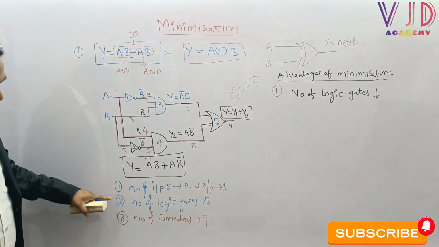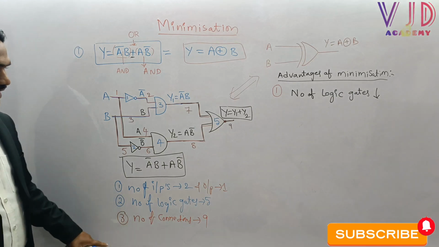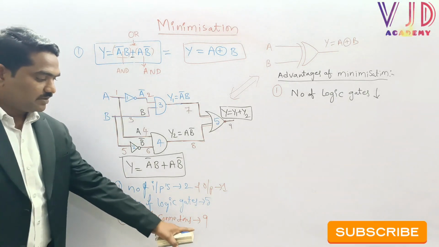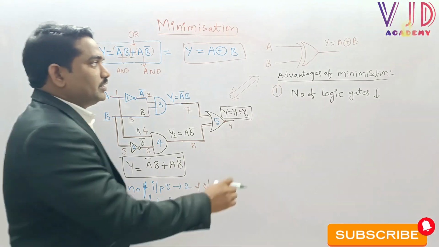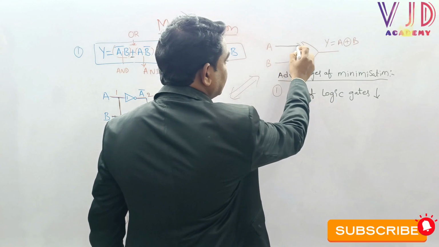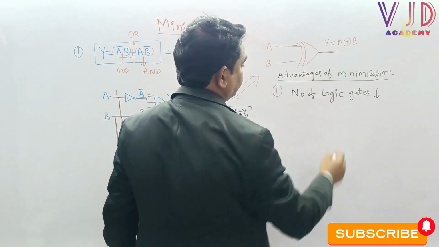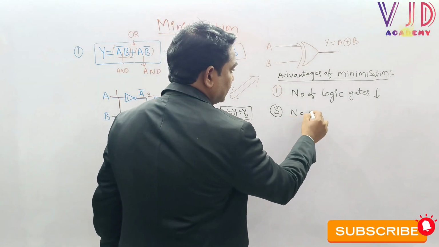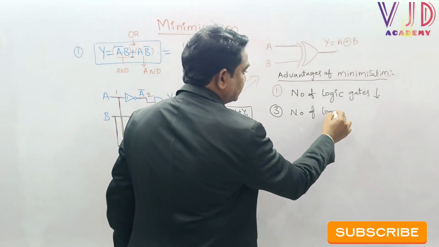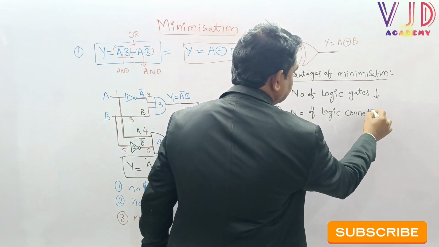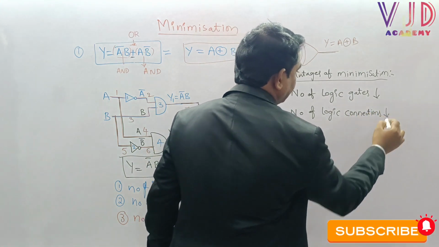And for the number of logic connections, to implement the first logical expression we need 9 connections, and to implement this logic circuit we need only 3 connections: A, B, and the output. So the number of logic connections is also reduced.